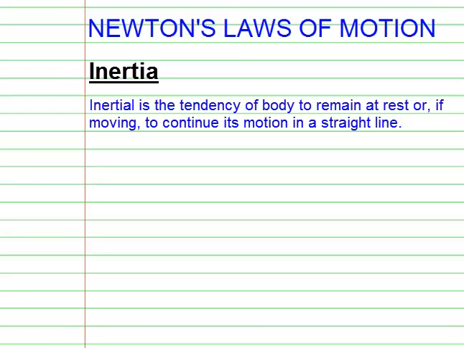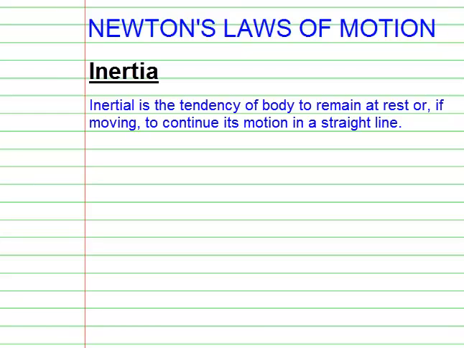Bodies which have more mass have more inertia than those which are lighter. It is much easier to move a smaller object than a bigger one. The smaller object has less inertia than the bigger one. Mass is therefore a measure of how much inertia a body has.